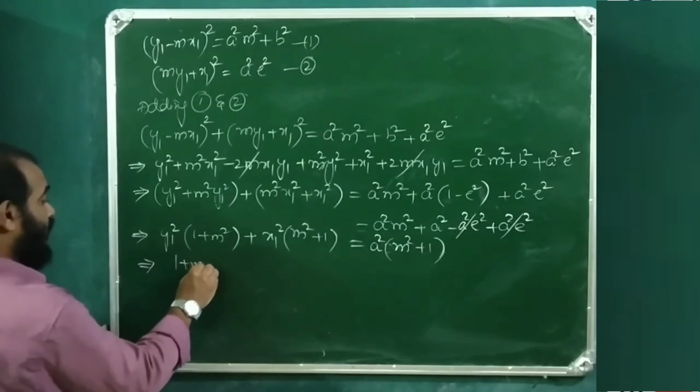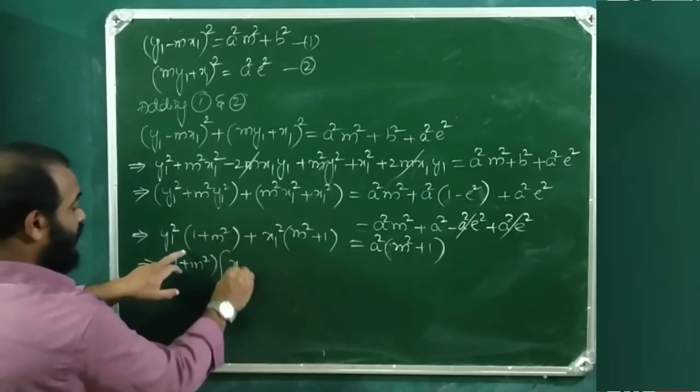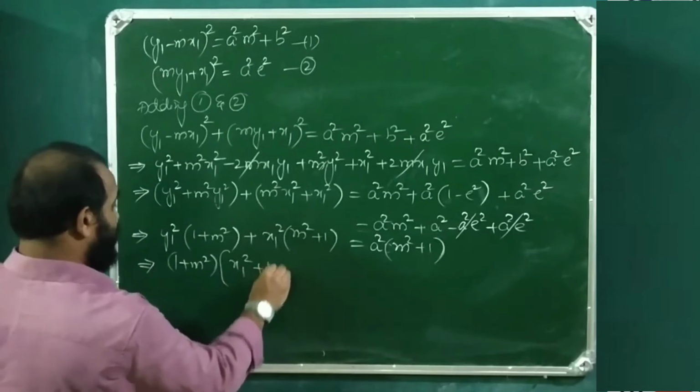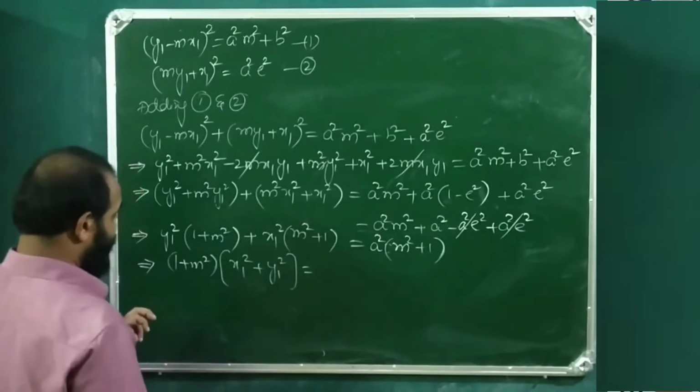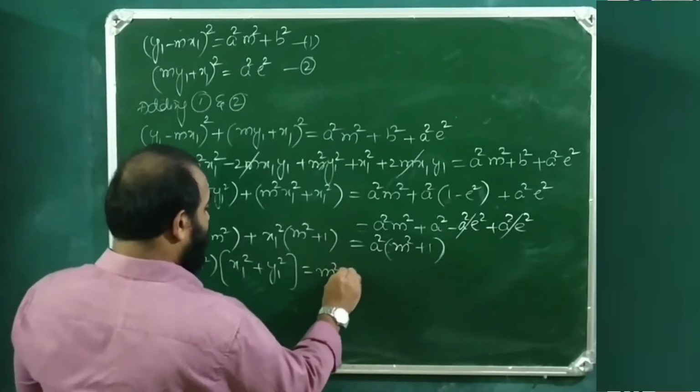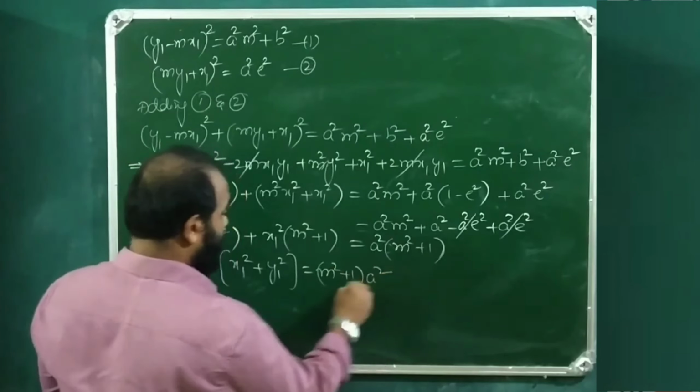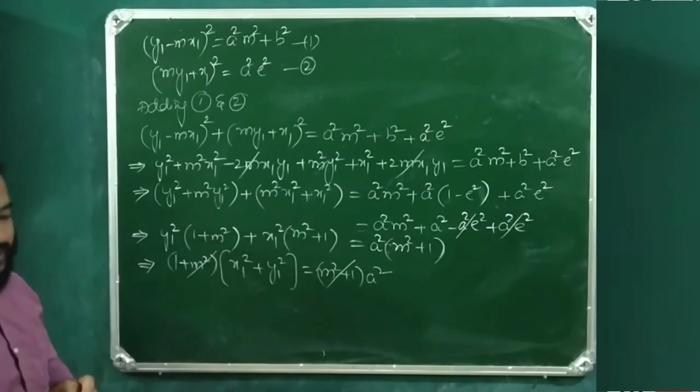The right side is a square into (m square plus 1). So (m square plus 1) gets cancelled on both sides.